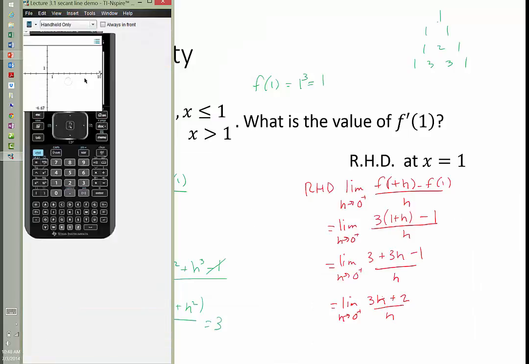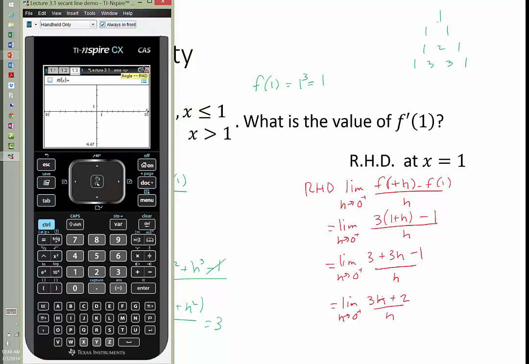I just want the handheld, and I want to graph this out, but I'm going to pretend the h's are like x's. So a fraction, and I'm going to say 3x plus 2 divided by x, and I graph that.